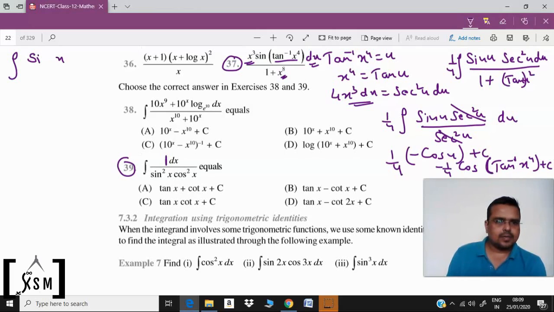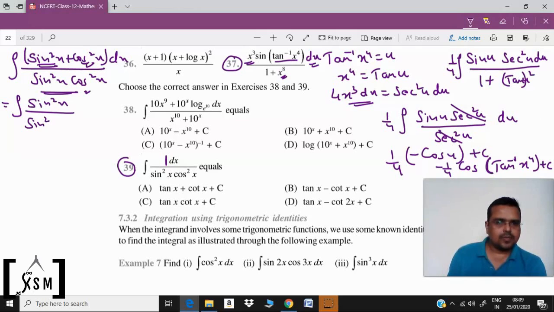And that is over sine square x cos square x. Now the benefit is we can break it up, right? So sine square x over the whole part, and then plus cos square x over the whole part. So the integration of sine square x over sine square x times cos square x, plus the integration of cos square x over sine square x cos square x, right?